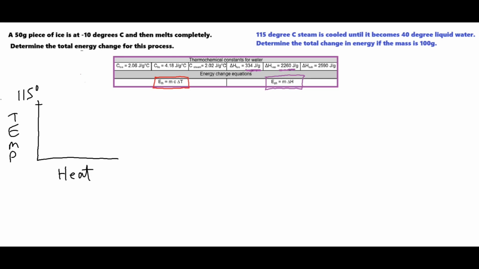Okay, you want to be cautious here because if we're crossing one of the significant temperature values of water, like 100 or 0 degrees, it will definitely make a phase change. So it's going to go from 115 to 100. And once it reaches that point, it's going to condense, so it's going to plateau.